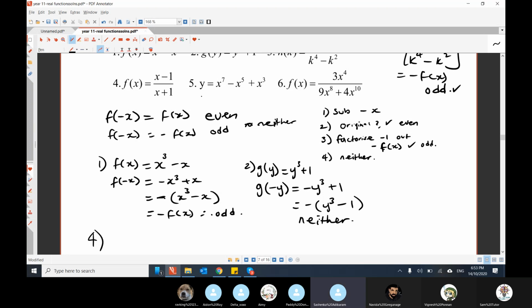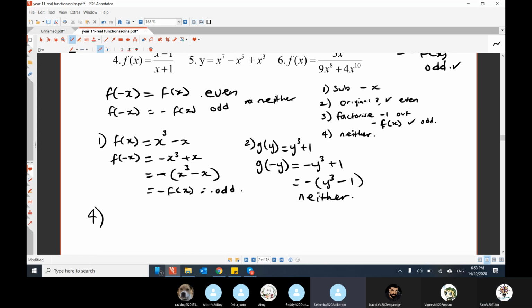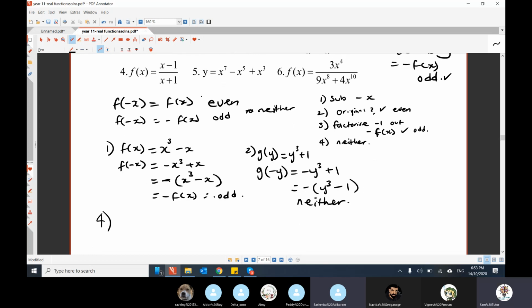For 4, I got neither. Yeah, I think so. Do you see a pattern with question 4 or similarity to question 4 and question 2? It's got that plus 1.